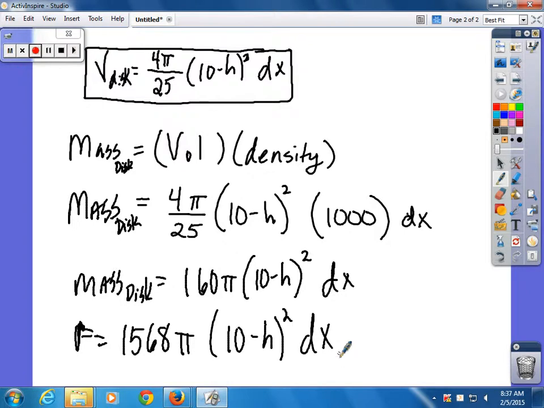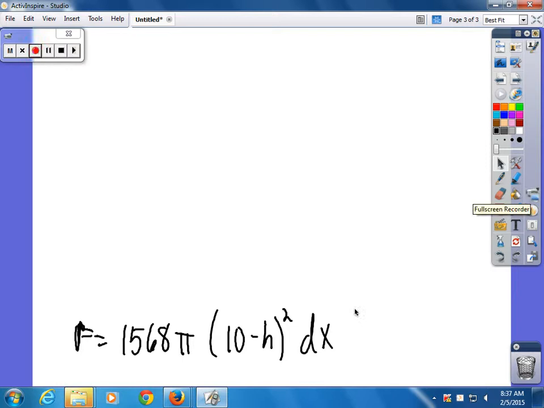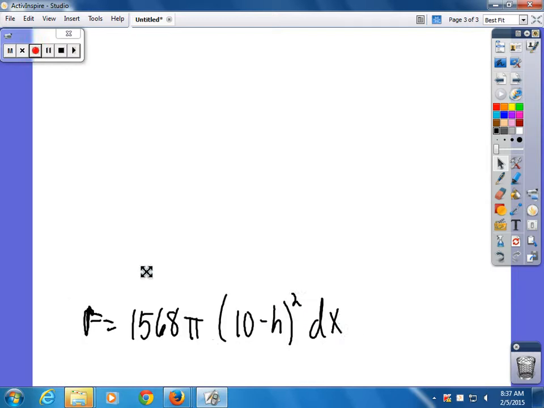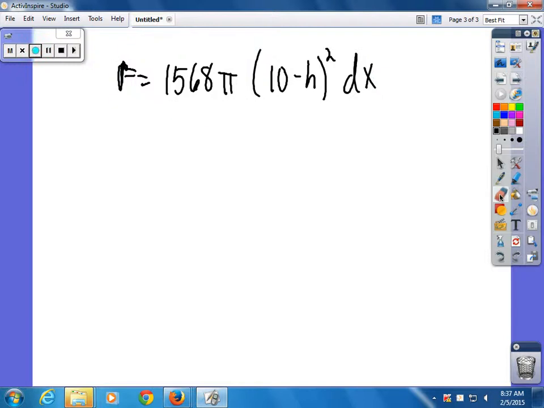So let's take this and copy it. Move it over. Let's just take that front part off. And make it an antiderivative from 2 to 10.